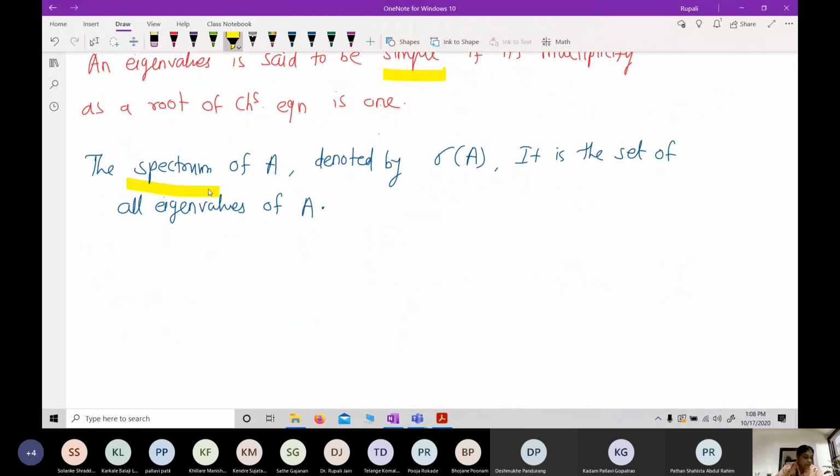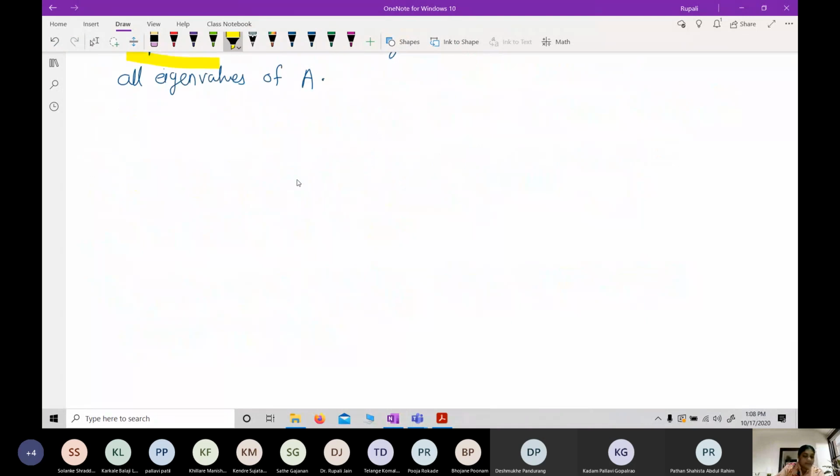And what is the spectral radius of A? It is the maximum of the modulus of lambda.